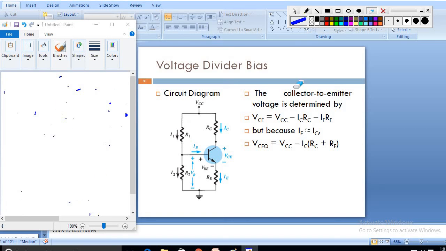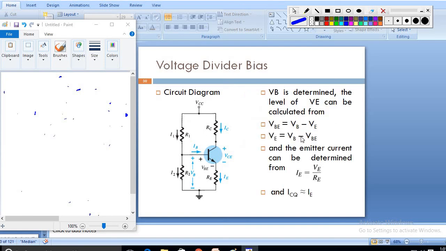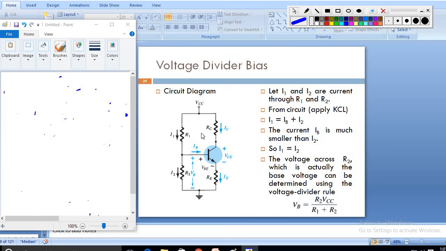Okay, so after that you have to apply the equations. See here, this is the input side.